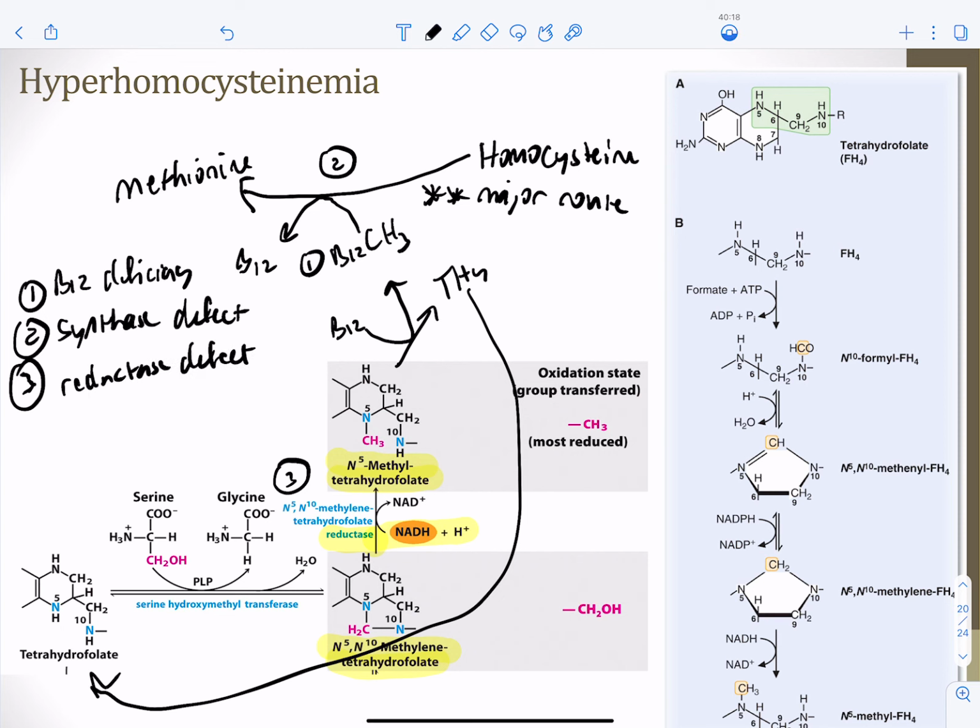And all of these will lead to hyperhomocysteinemia. Okay, so there are many ways to get hyperhomocysteinemia.